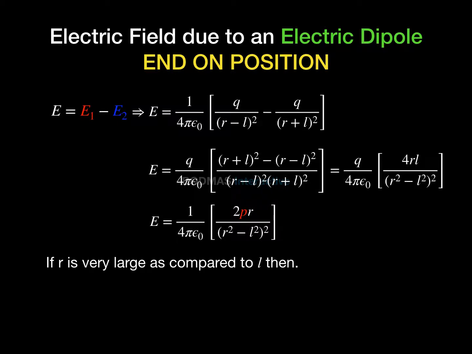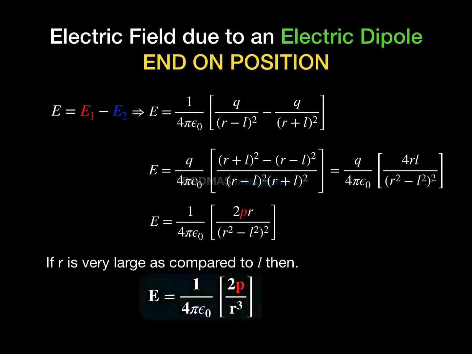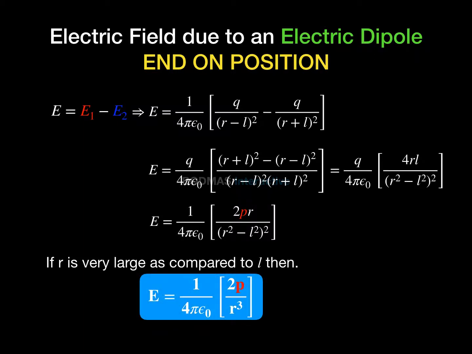If r is very large as compared to L, then E is equal to 1 upon 4 pi epsilon naught multiplied by 2p upon r cubed, because in that case we put L equal to 0 in the above equation. So this way we have obtained the expression for electric field in end-on position.